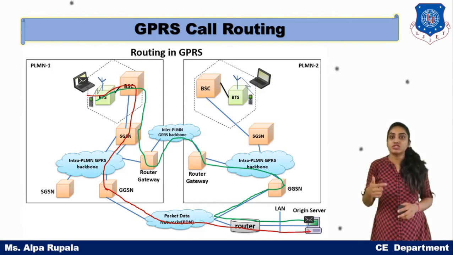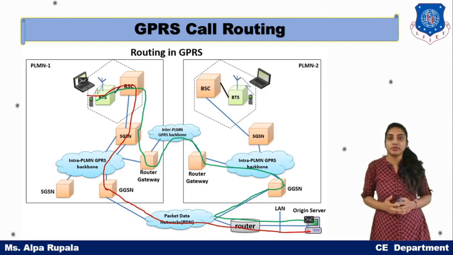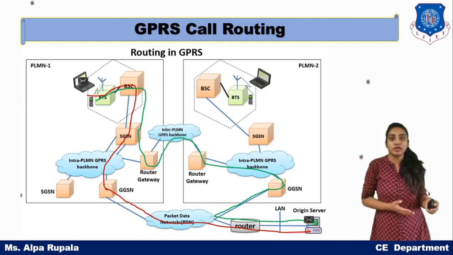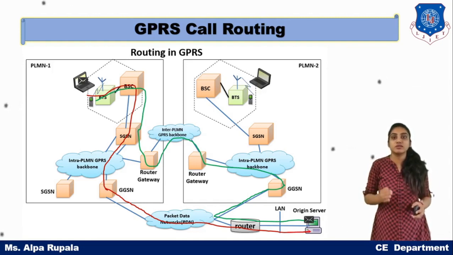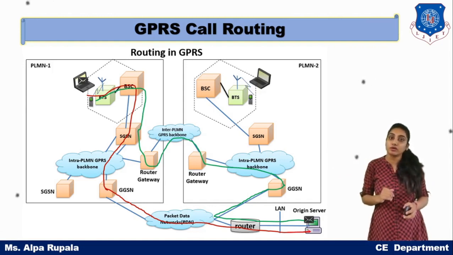Now the home SGSN will look into the location database. In the location database, the SGSN will find out that your mobile node, which is to receive the response content, is not in our PLMN2 network; it is in the PLMN1 network.